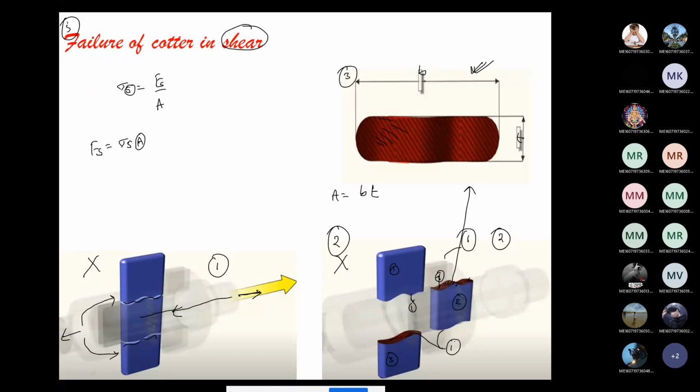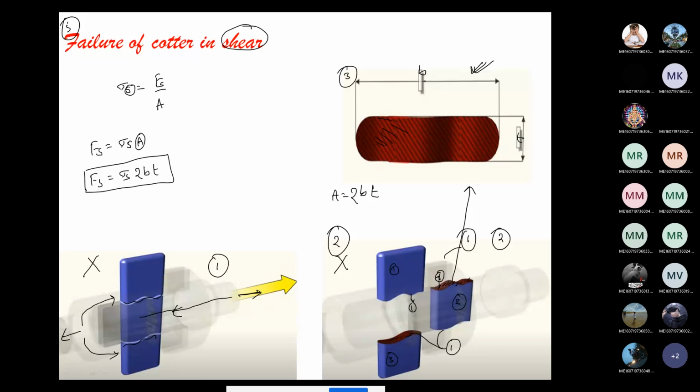Total two failures we are observing, so I am multiplying by two. So Fs equals sigma s into 2 into B into T, where B is the width of the cotter, T is the thickness of the cotter, sigma S is the permissible shear stress, Fs is the shear force or shear resistance for the cotter, right?